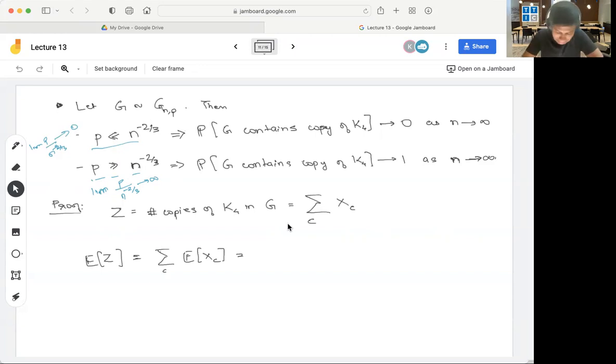As usual, we can write Z as a sum of indicator random variables, where C is just a subset of V of size 4. So it's just some set of 4 vertices in the graph, and X_C is equal to 1 if all 6 edges are present.